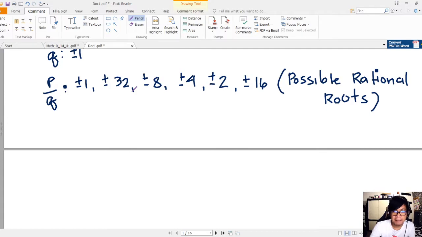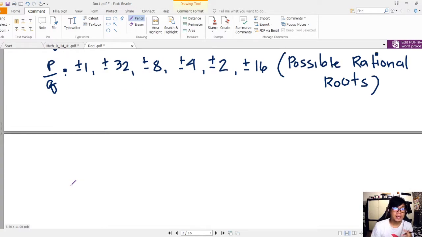So, dapat mapalabas natin that the remainder is equal to 0 para masabi natin na factor siya. Pag factor siya, ibig sabihin, rational roots siya. Ibig sabihin, real roots siya ng given expression.